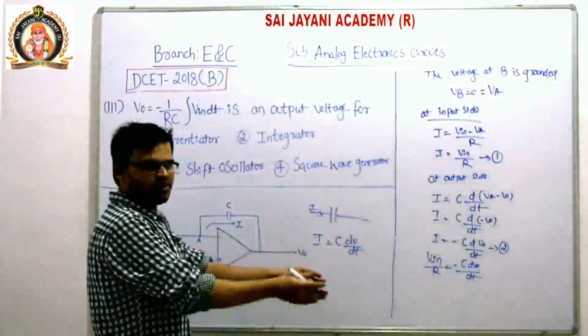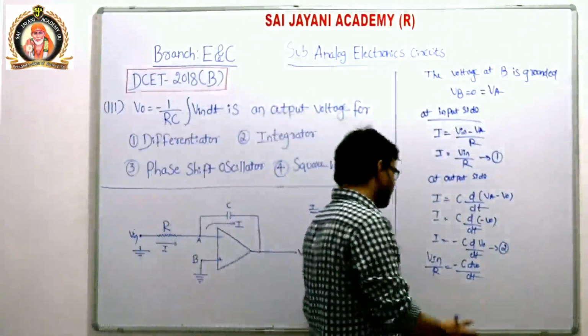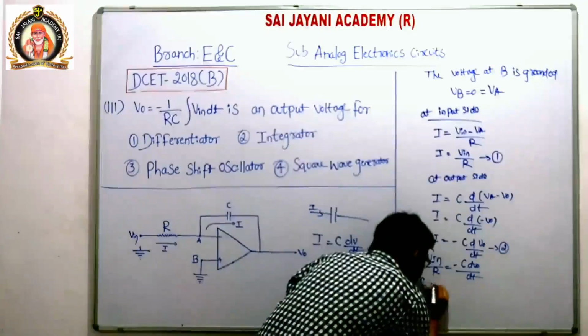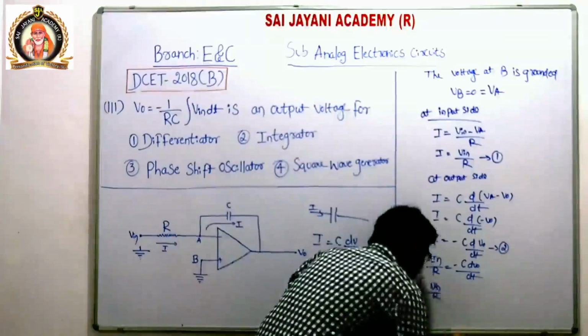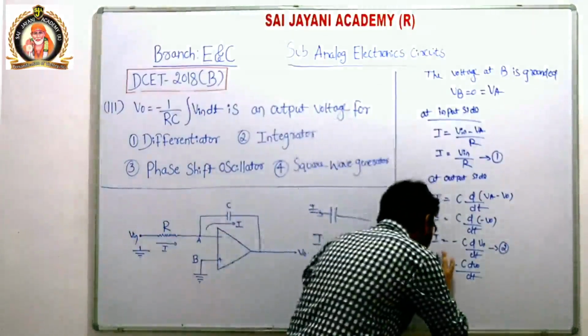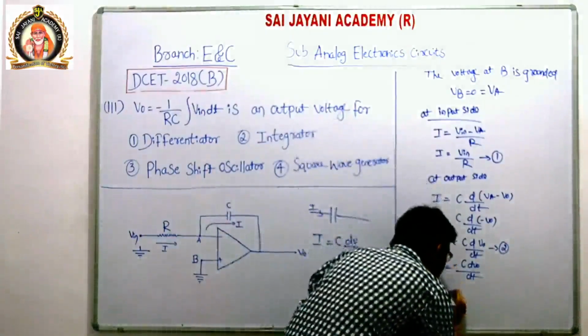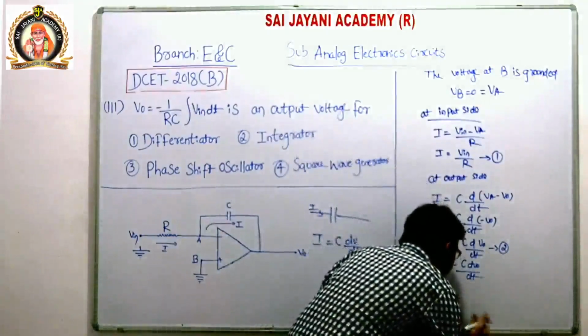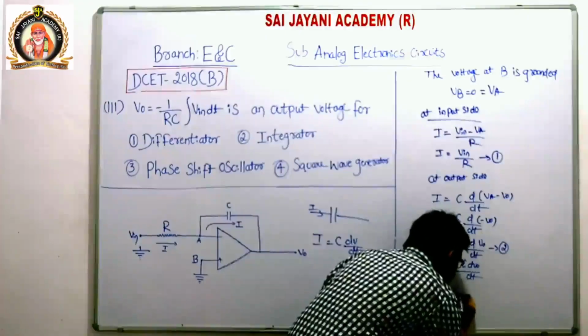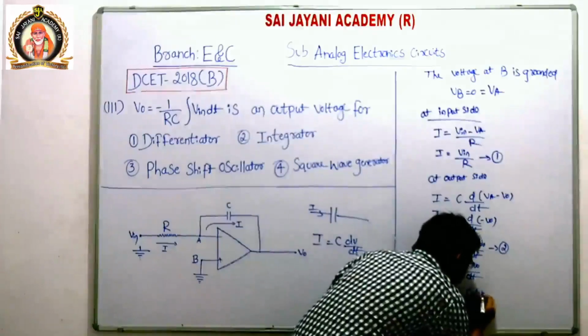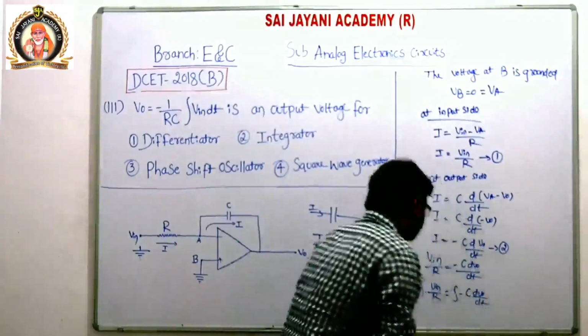Integrate on both sides. If you integrate on both sides, you get integration of V in divided by R is equal to integration of minus C into dV naught divided by dt.